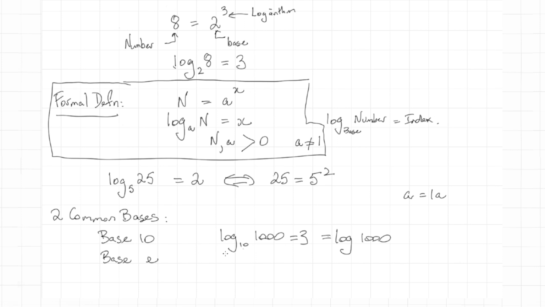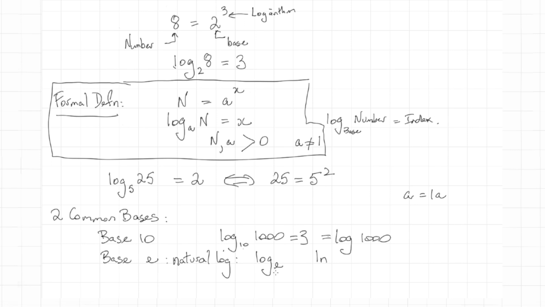Log to base E is what's called the natural log. We've come across the number E, Euler's number, previously, and it's the number 2.71828, and so on. So if we want log to base E of some number, we actually write ln.